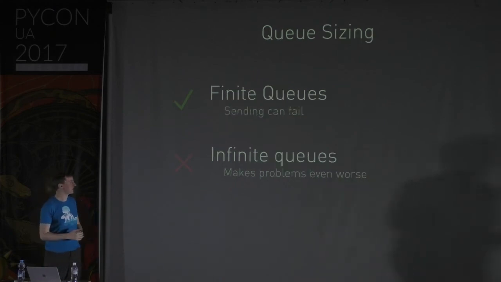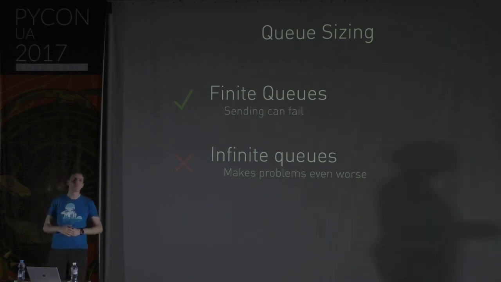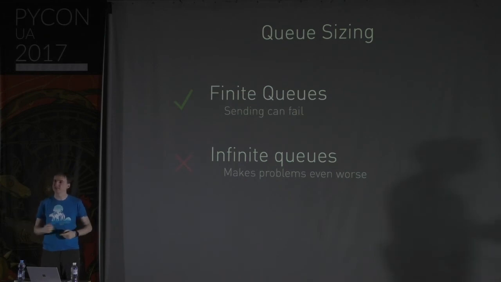As we heard yesterday, queues should definitely have a size. For reference, if you don't have a size on your queues, they're infinite, which means you don't have to deal with failure to send. You can always just shove things on the queue and keep processing.